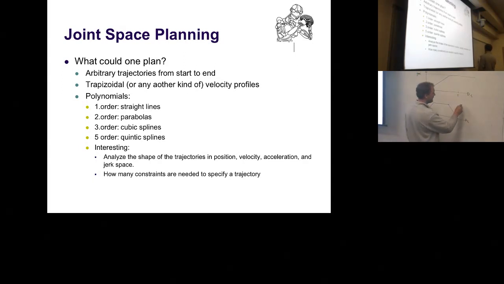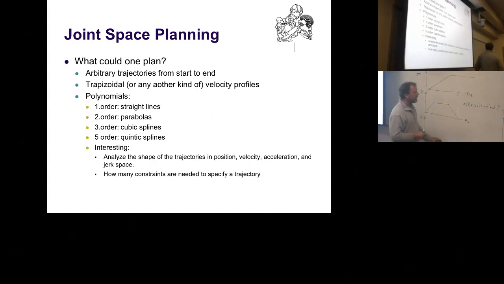So remember, a polynomial is simply: I say x of t equals a plus bt plus ct squared plus dt to the 3, and I can keep on going as much as I wish. And we know from basic math that if I make this long enough, I have an arbitrarily complex representation which can almost represent anything, as long as it's smooth.